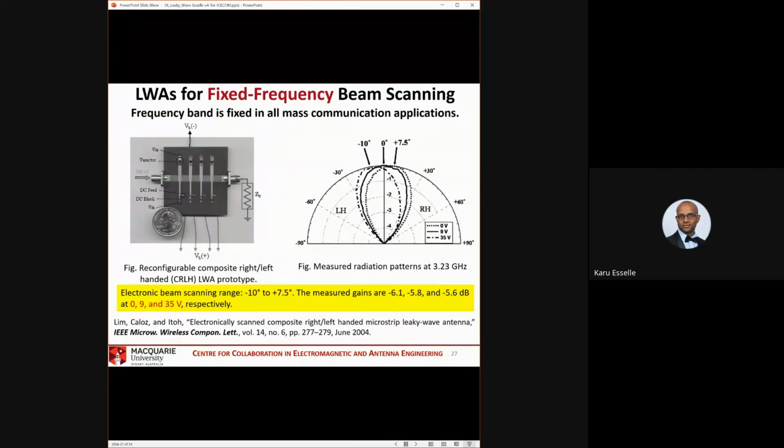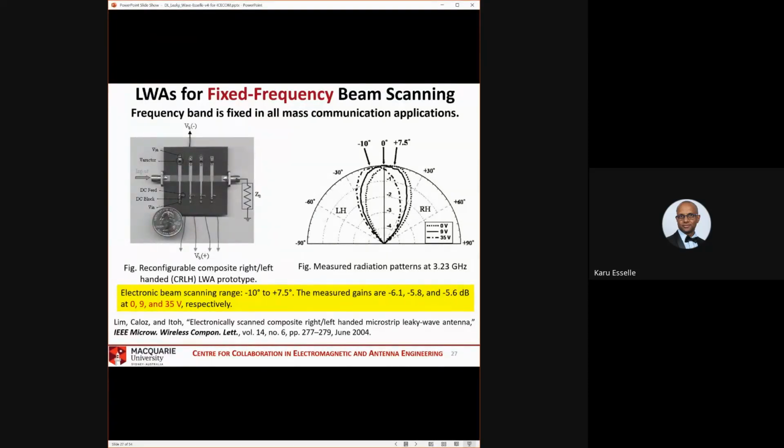So this is about a different class of leaky wave antennas. I said yesterday, sometimes you can't change the frequency, but you still want to steer the beam, right?